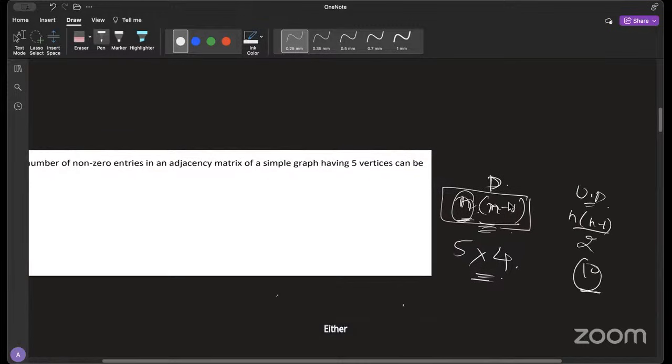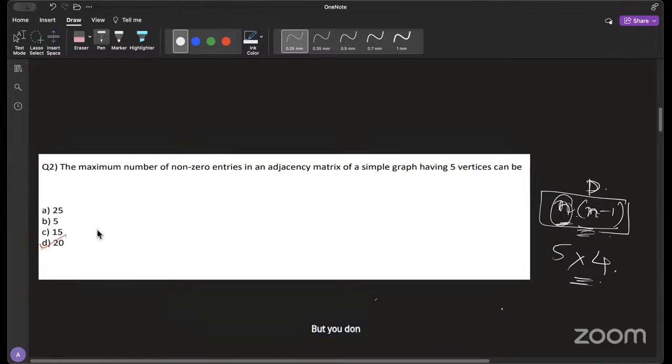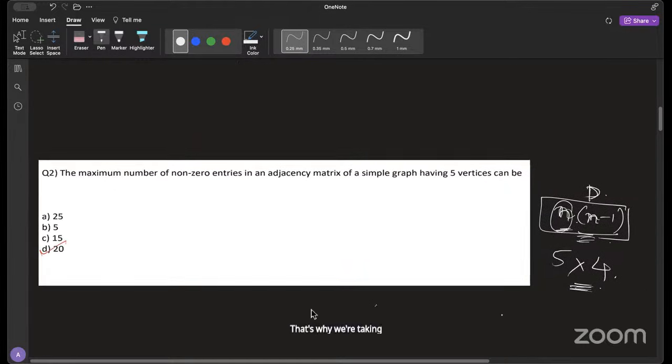Even if you look at the undirected one, the number of edges should be 10. But you don't have 10 in the options, you only have 20. That's why we're taking 20 only. Is that okay? Yes, ma'am.